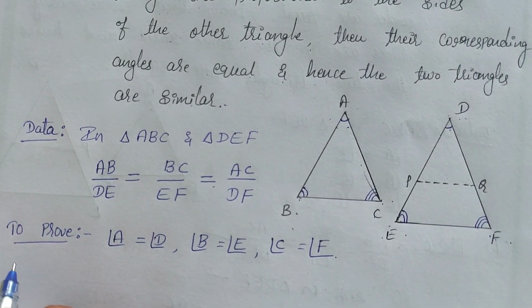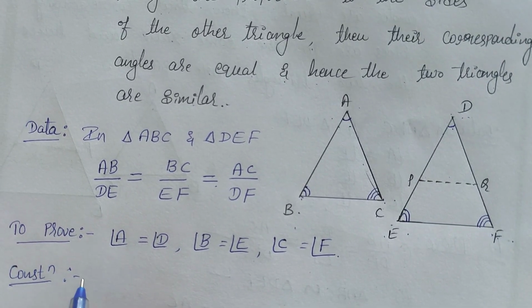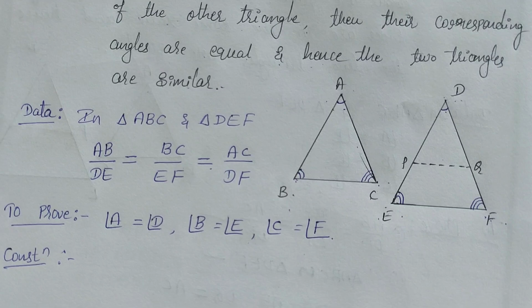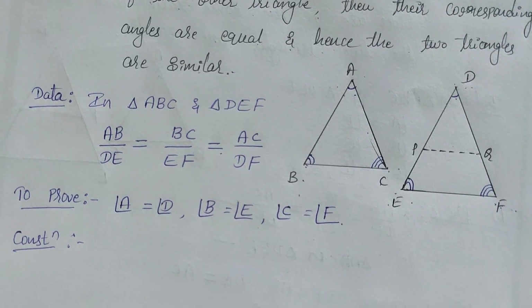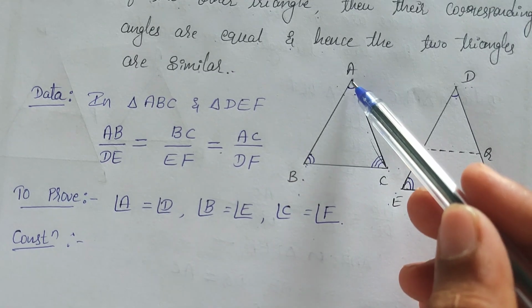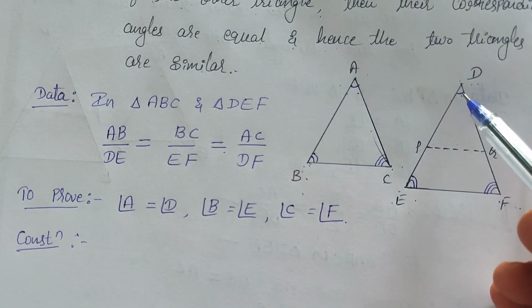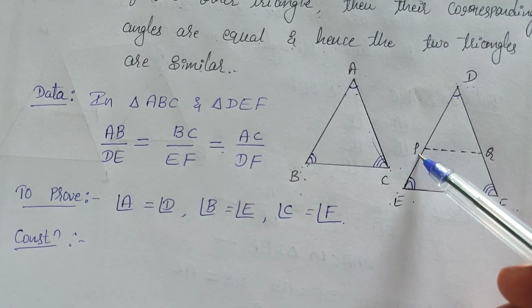The next step we have to know is the construction. The construction is the same as that of the last theorem, the AAA similarity theorem. In the same way, you have to know the length of AB and you need to measure the length of DP.